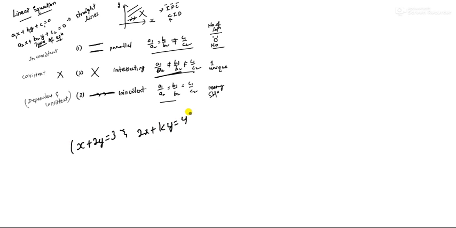If these two equations represent parallel lines, what is the value of k? So you'll get a question like this. If you know the condition for parallel lines, you just write the ratio 1 by 2 should be equal to 2 by k, and on solving that you'll get the value of k.